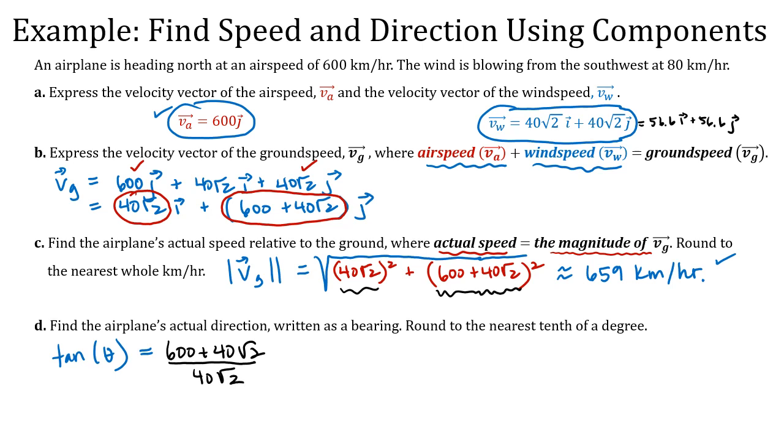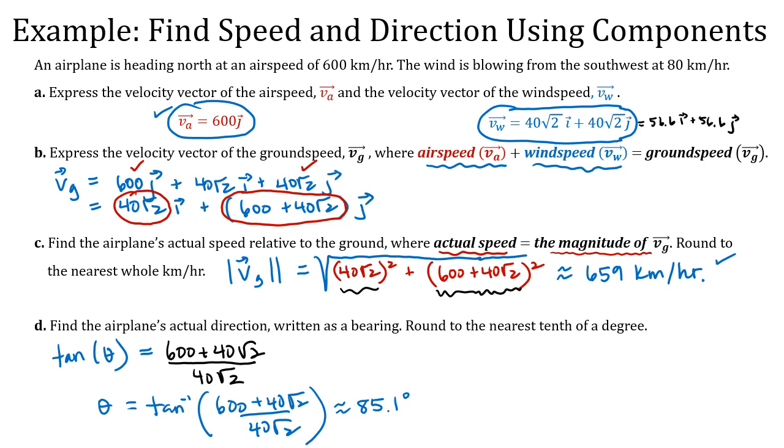So 40 times the square root of 2. And what I'm actually going to put into my calculator is I'm going to take inverse tangent of each side. I'm going to put that into my calculator, all of those exact numbers. And they say to round to the nearest tenth of a degree. Now, when I did that, I got a theta of approximately 85.1 degrees. And I think that that feels believable as well.